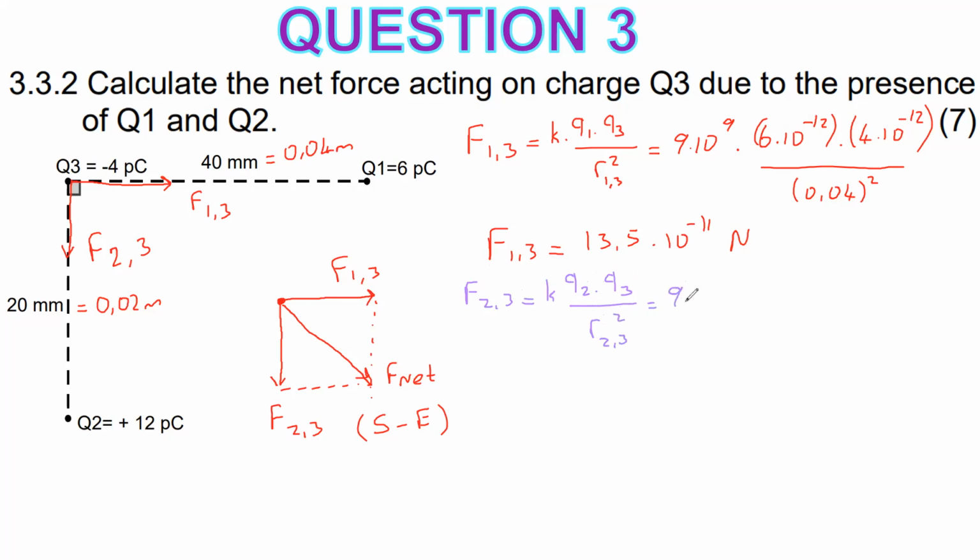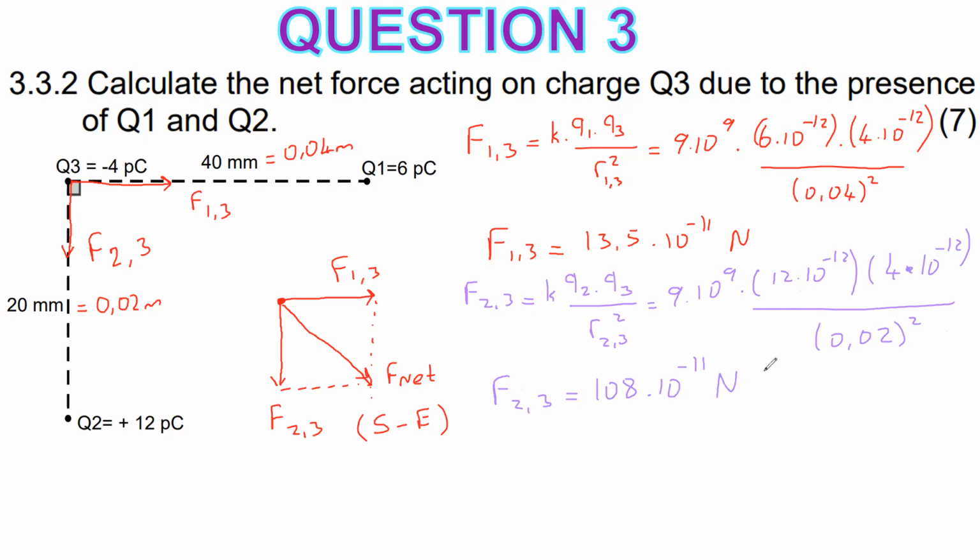So we can write all numbers first, and Q2 is equal to 12 times 10 to the power of negative 12. Q3 is equal to 4 times 10 to the power of negative 12. And distance now is 0.02. So we have done. Now we can write our answer, F23 is equal to what we are getting, 108 times 10 to the power of negative 11. So this is our second force, but we are looking for net force.